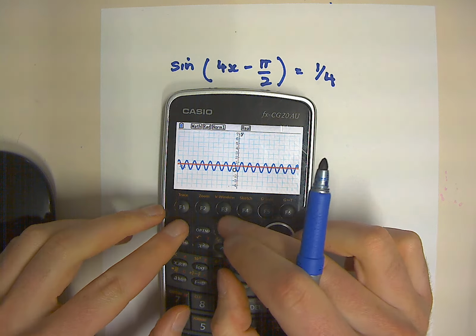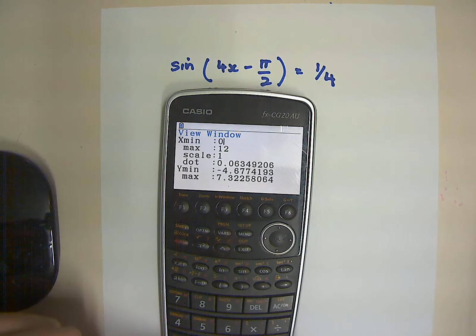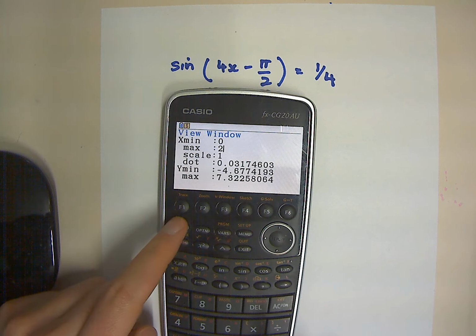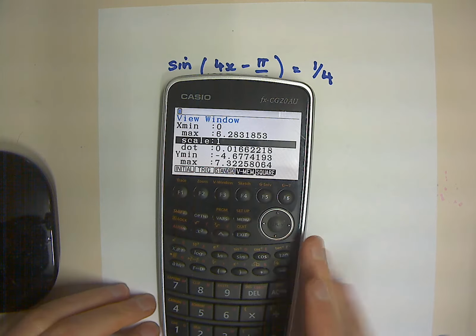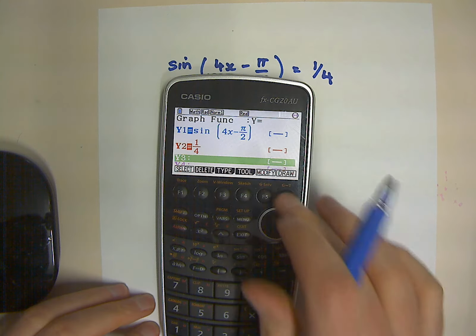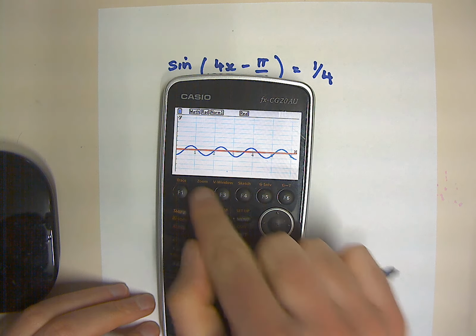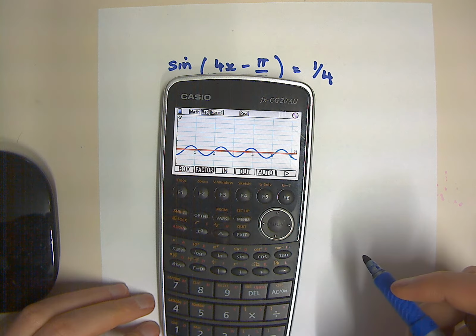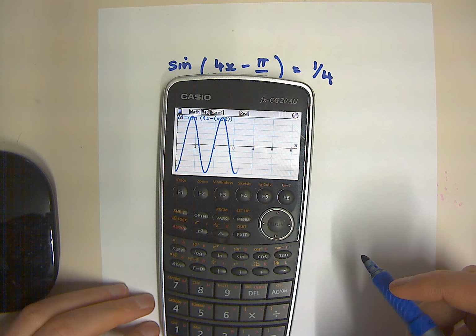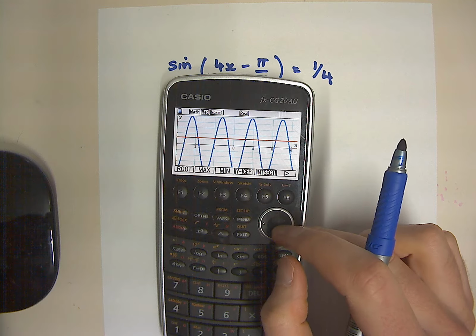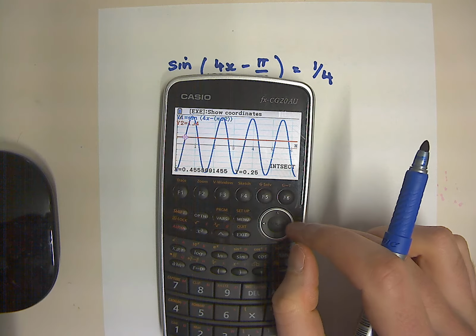Okay, so let's go to view window, let's go 0 to 2π. And then draw it, that gives us that little bit. Then we can do a zoom auto so it fits nicely. Now, we need the intersections.